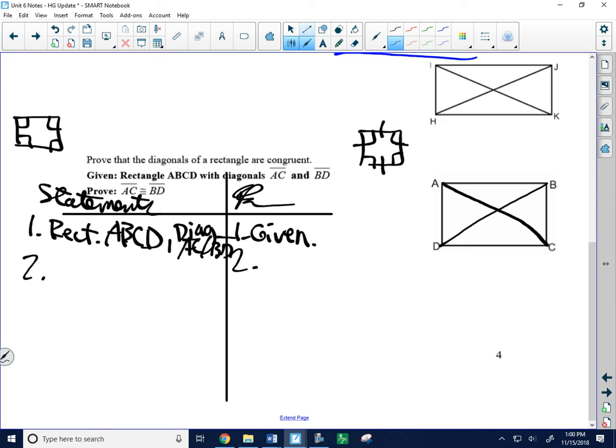Let's see, okay, so showing triangles are congruent. Which ones? In the past few proofs we've done, it's kind of deciding which triangles. Sometimes they'll tell you, sometimes not.